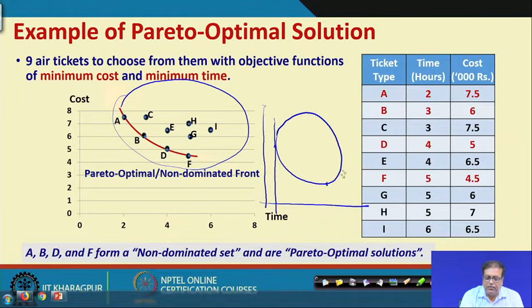It will not go any beyond, because then the slope changes. So, the slope should be within this, somewhere here. So, that portion can be the Pareto optimal solutions.